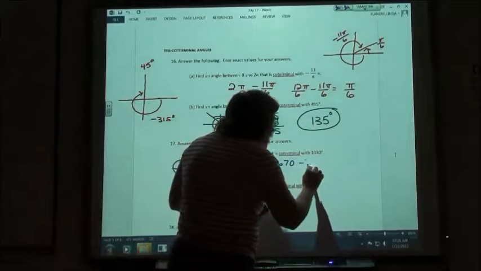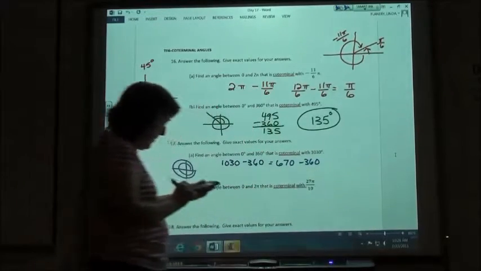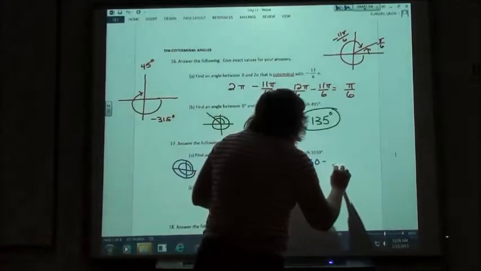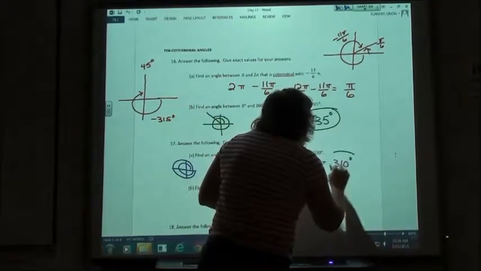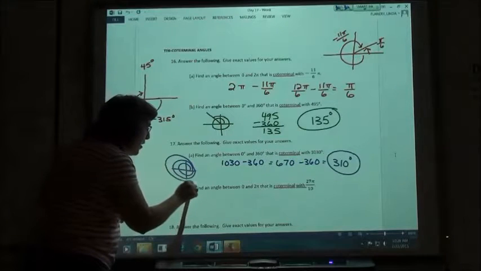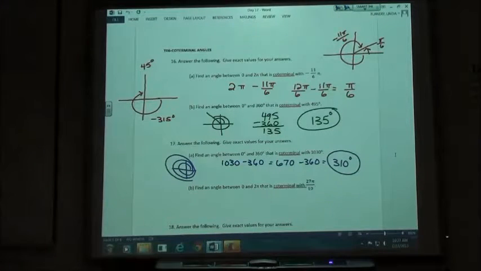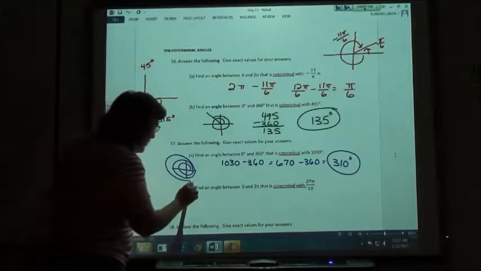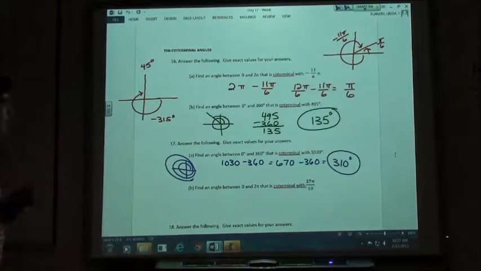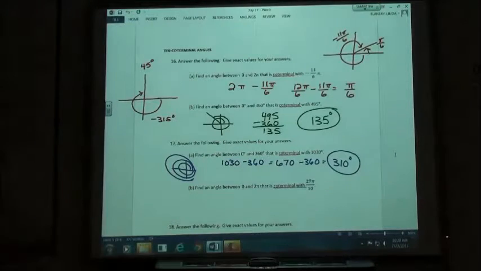So I'm going to subtract another 360. Now I get 310, which is between my 0 and 360. So I end up somewhere over here because I didn't quite make it around another time, right? I have 50 degrees left, so I probably have just a little bit farther that I went. But that one I ended up going twice and then 310 more degrees.